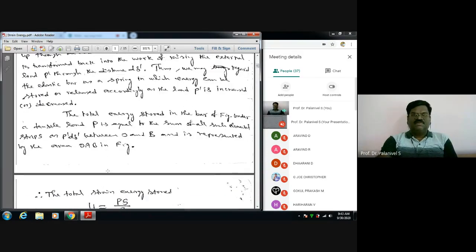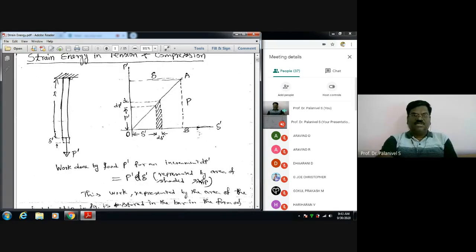You may already be aware of all these factors. The total energy stored in the bar of the figure under a tensile load P is equal to the sum of all such elemental steps, P d del dash between O and B, and is represented by the area OAB in the figure. So for the force P, the total energy is obtained by adding all such elemental areas here.